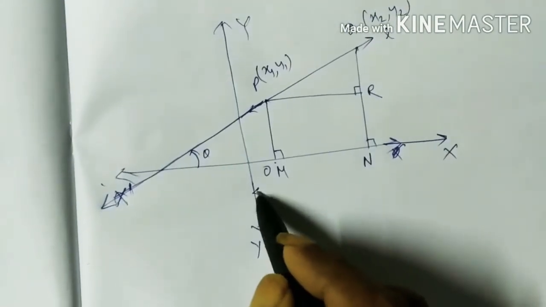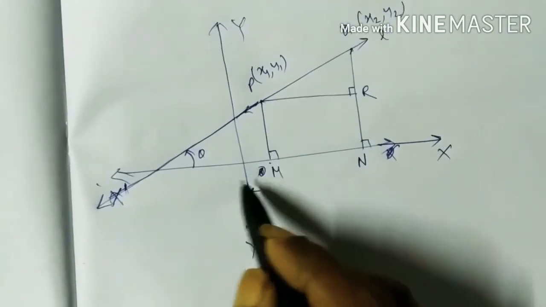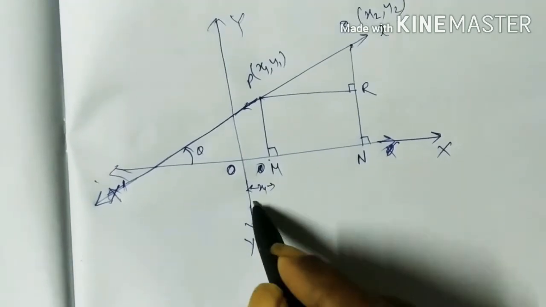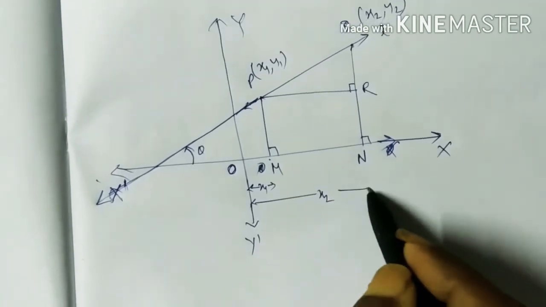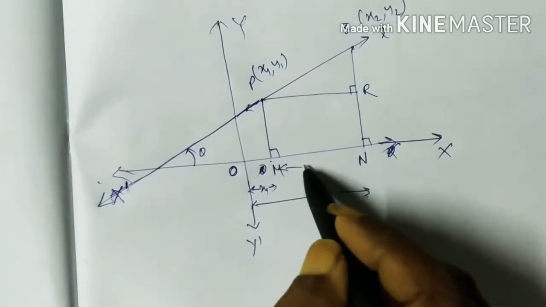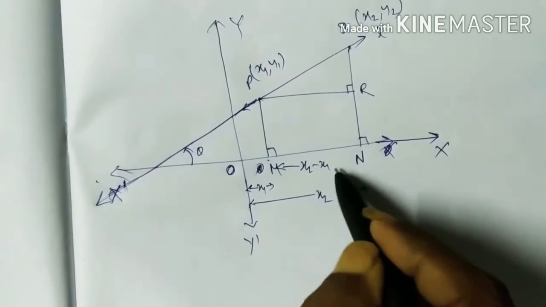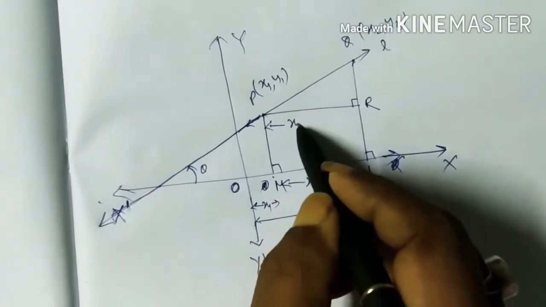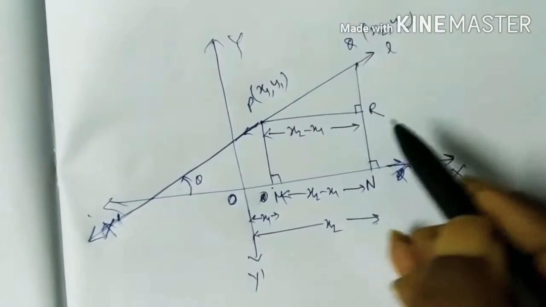So here this is the origin. This one is x1 and from here this is x2. So MN is equal to x2 minus x1. This is a rectangle, so PR will also be equal to x2 minus x1.